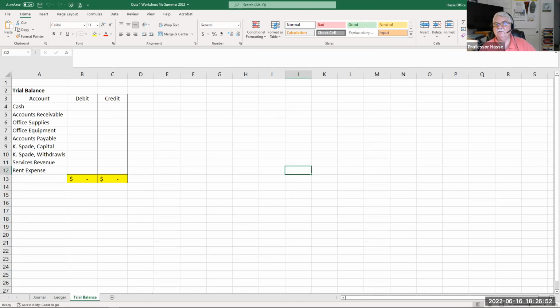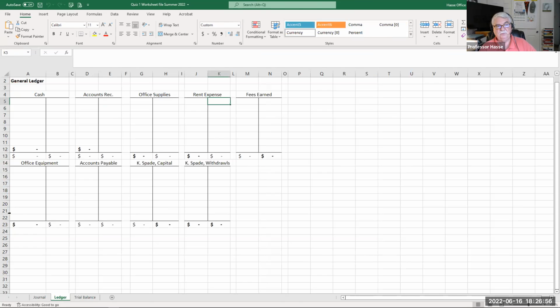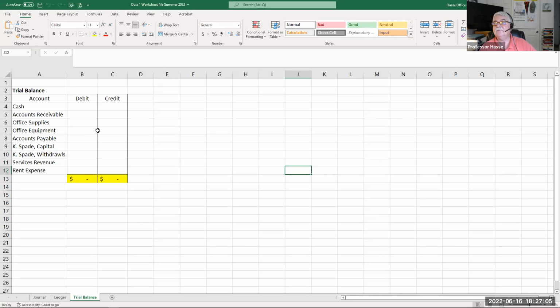And the trial balance, where I list all the accounts. Once you post everything to this ledger, you're going to take the ending balances in each one of these accounts, be it debit or credit, and put it into the trial balance. And the bottom line of all this is these 2 amounts here, the debits have to equal the credits. Then you're in balance.